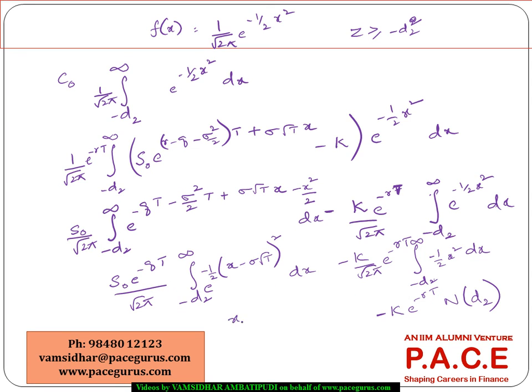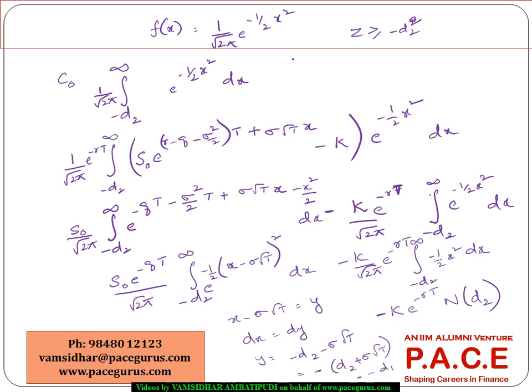Whereas what about the first one? Now x minus sigma root t, I'll take it as y. So dx will become dy. On the other side, looking at the limit minus d2, y will take values from minus d2 minus sigma root t, which becomes minus of d2 plus sigma root t, which is minus d1.